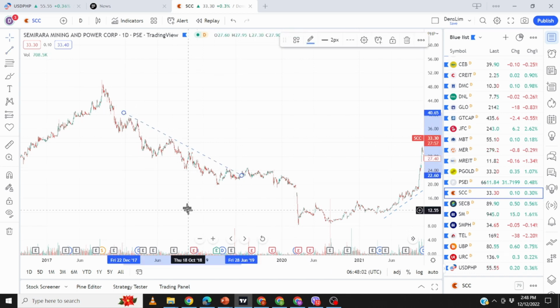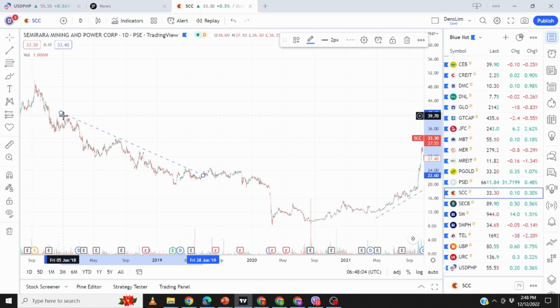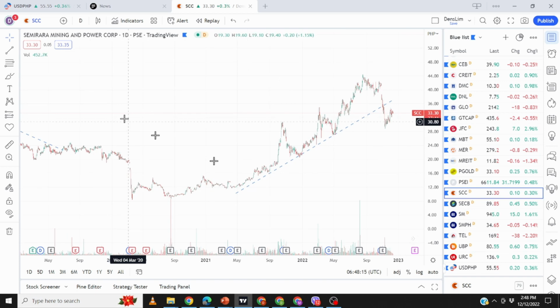When it's going down, the price is being pushed from top to bottom, so you draw a downward moving trend line at the top, and this one, because the price is being pushed higher, you draw a trend line going up at the bottom part of your chart, no?